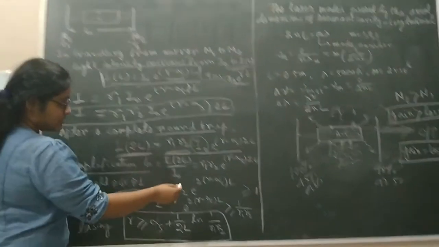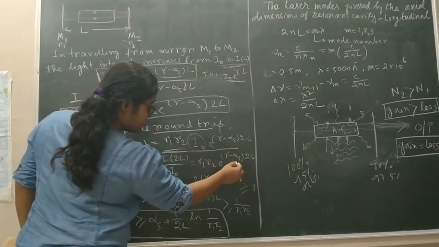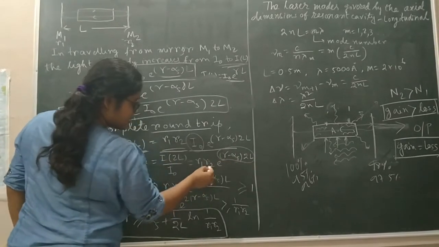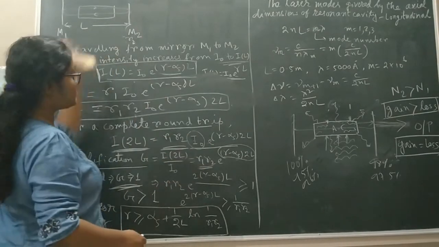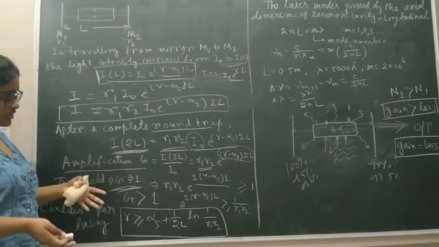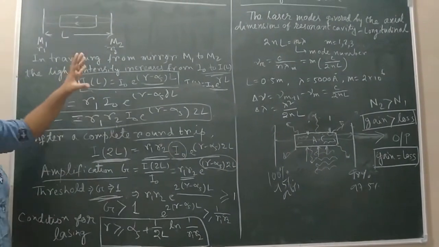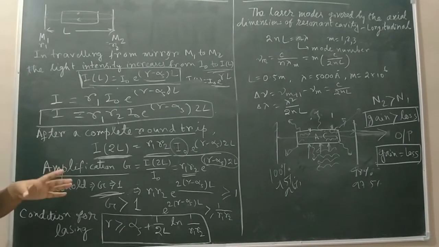In this factor, 2L times gamma minus alpha s, R1 and R2 are two constants, the reflection coefficients of the mirrors, and you cannot do anything with those. You want the maximum reflectivity of the two mirrors, but you are unable to make it 100% reflective.